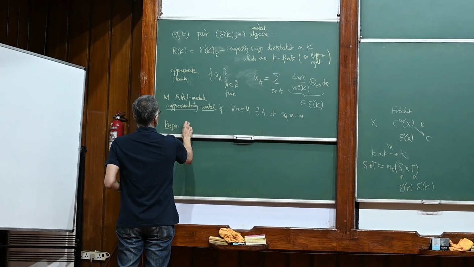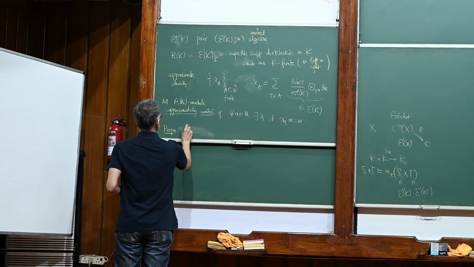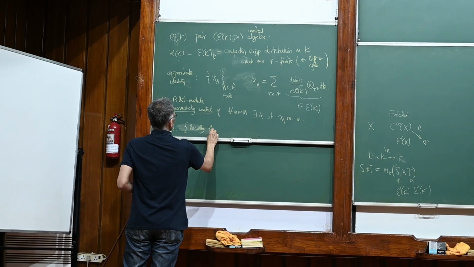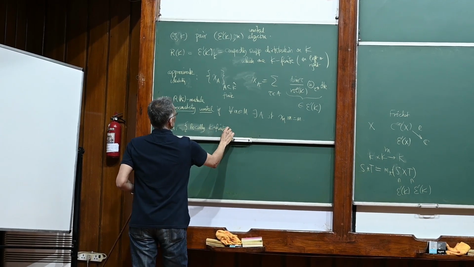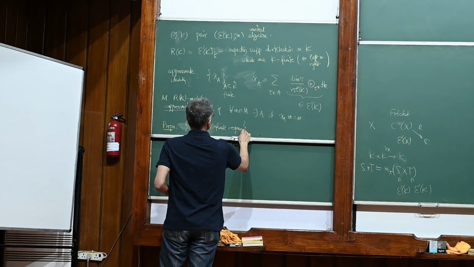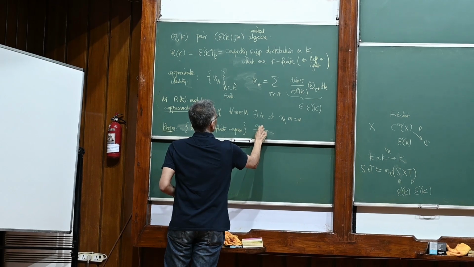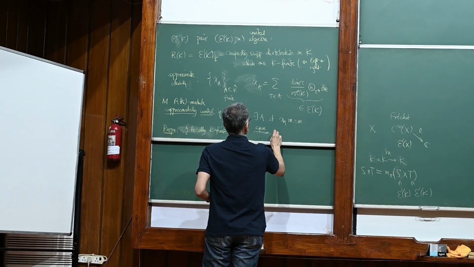that the category of, okay, so maybe I'll just write it this way. Locally k-finite representations is equivalent to the approximately unital R modules.